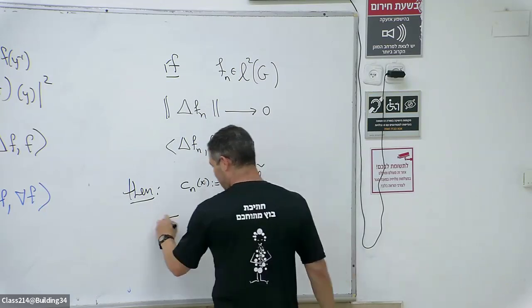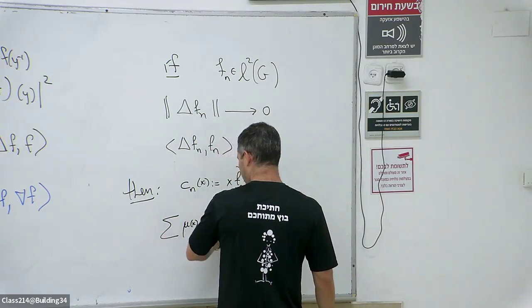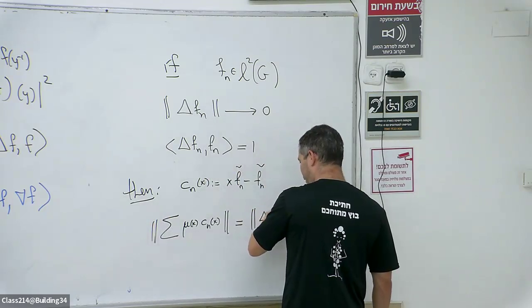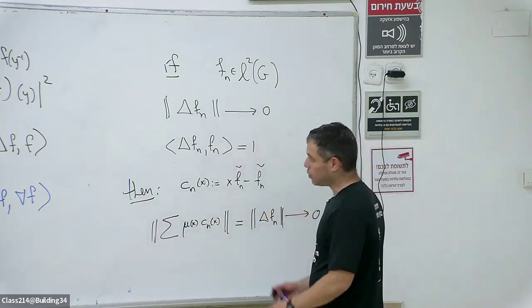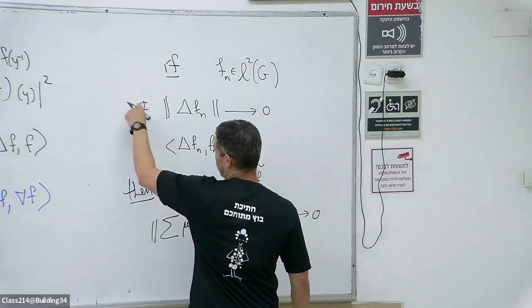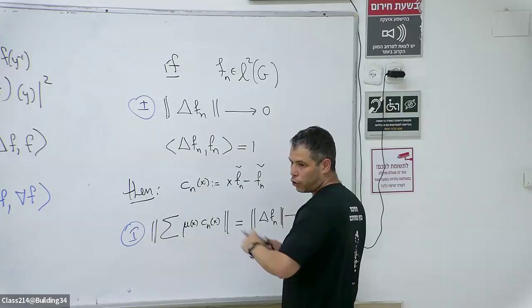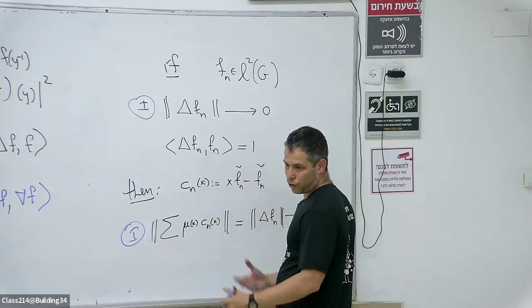The sum of mu(x) C_n(x), this is what we said, is the norm of the Laplacian of f_n, which goes to 0. That's the first one here. So this gives the almost harmonicity. Uniform Lipschitz is just because they're all cocycles, so they're uniformly Lipschitz.